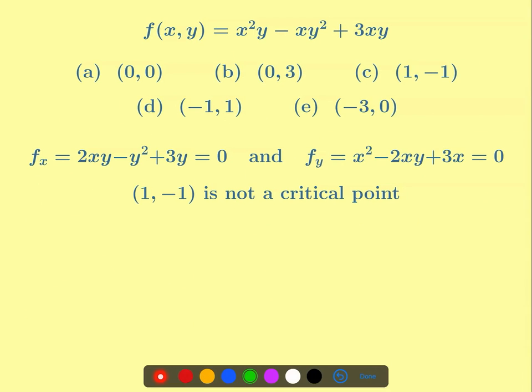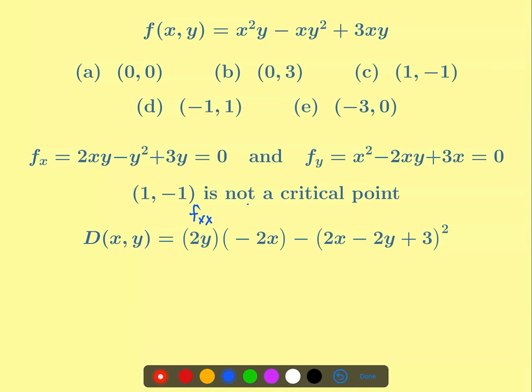To do that, we need to use our function D of x, y, and to remind you, let me write this up here, this is f sub x x times f sub y y, and we're subtracting f sub x y squared. So we take the derivative of f sub x with respect to x, and that'll give us just a 2y here, and that's where this 2y is coming from.